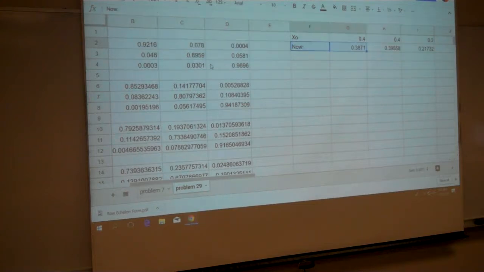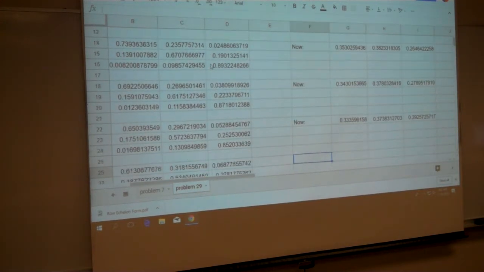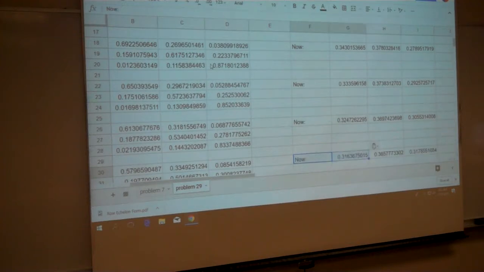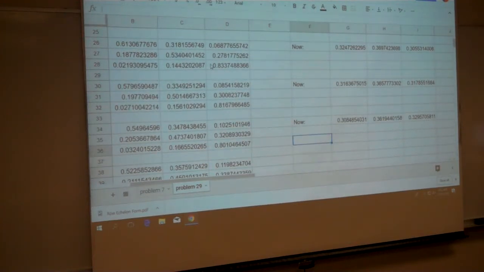And once I have that, I should be able to do that for the second, third, fourth, fifth, sixth, seventh, eighth. I don't actually know if I can copy this down a bunch at a time. I think I could. Let's just do 3 at a time.